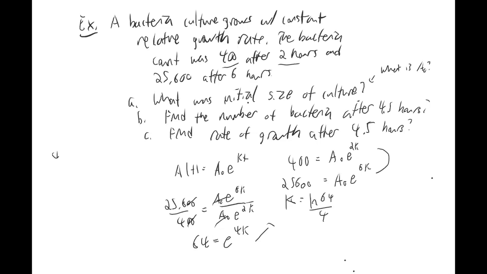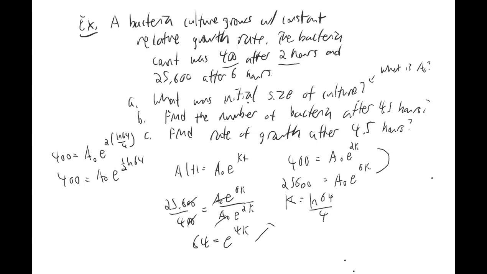So 400 is equal to what? A naught e to the 2 times ln of 64 over 4. And so 400 is A naught e to the 1/2 ln of 64. Again, what's the property of ln?